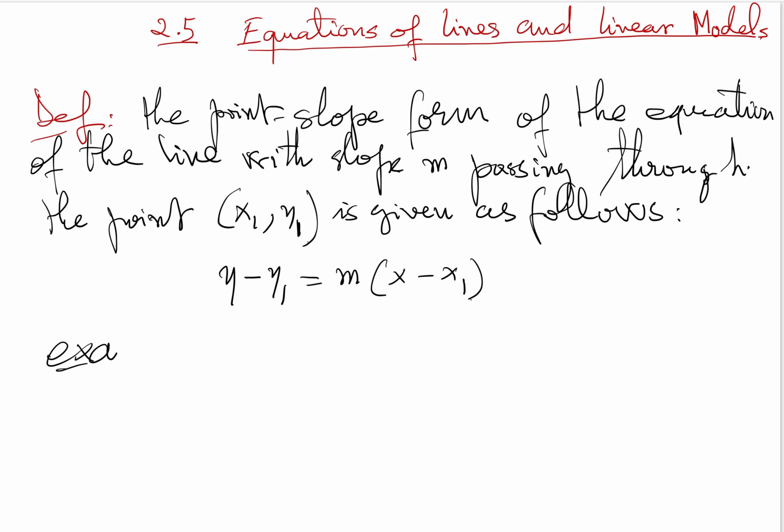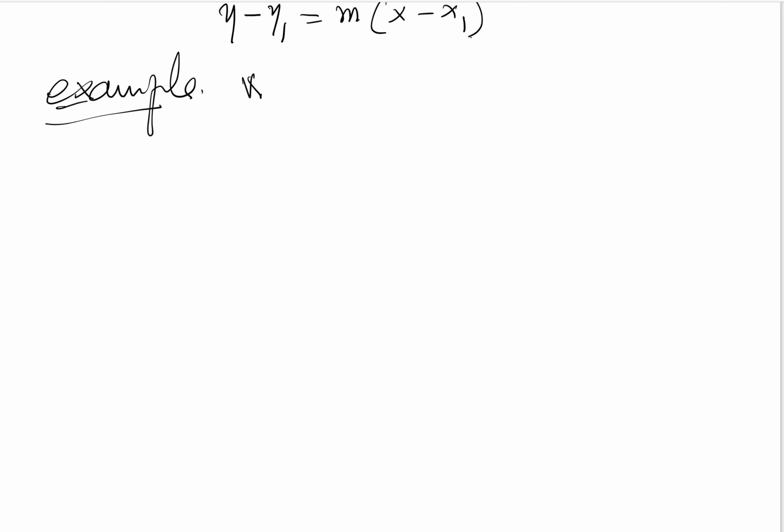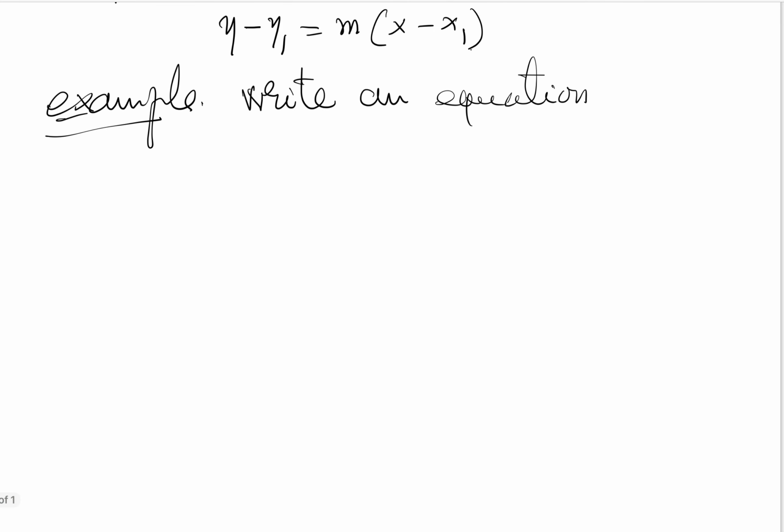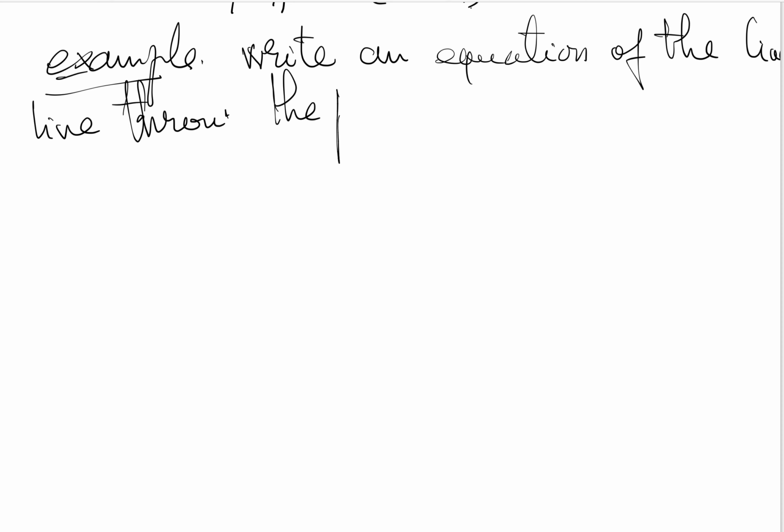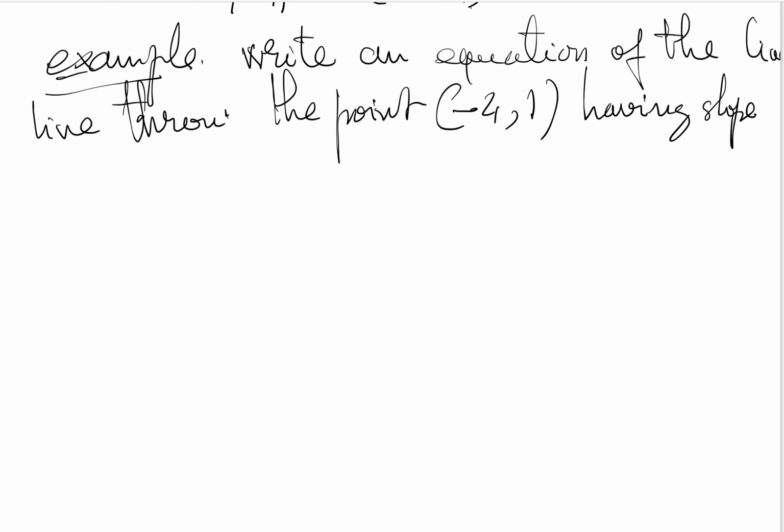Example 1: write an equation of the line through the point -4 and 1, having a slope of -3.